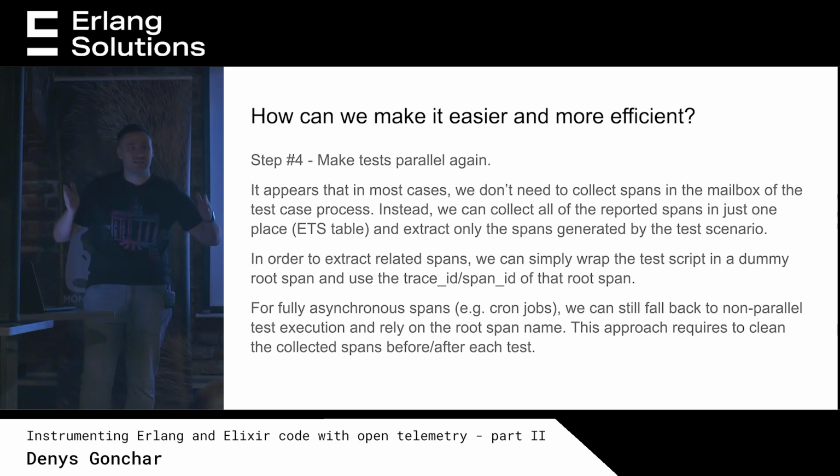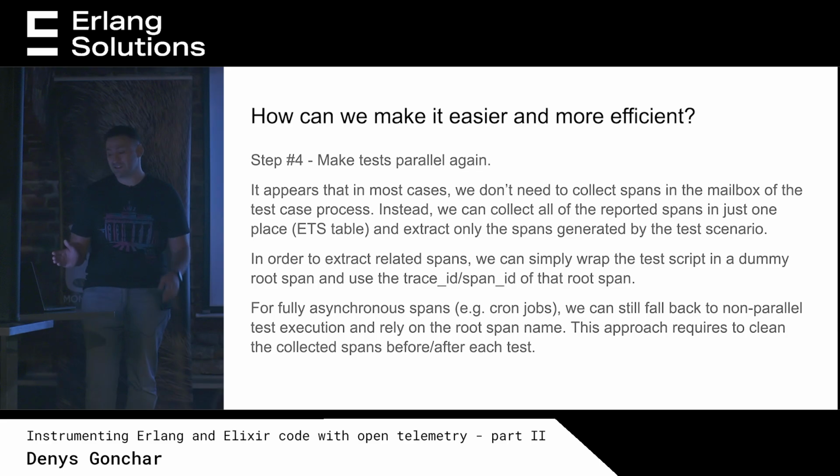You don't care how much stuff is collected in the collector. You know how to extract what's important for your test case, because your test case creates a unique trace ID which is shared by all of the child spans. And in cases when your code is generating the root span, for example, some cron job, and you cannot nest that root span within your test case, you can just switch back to non-parallel execution.